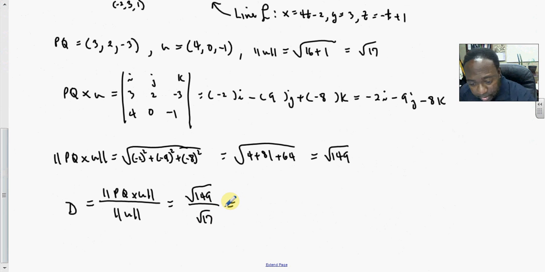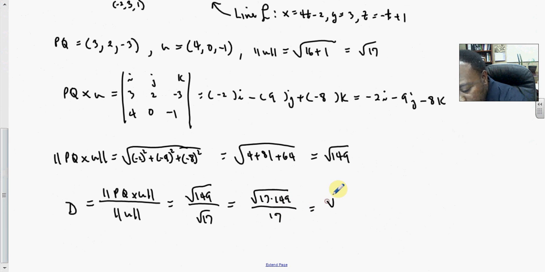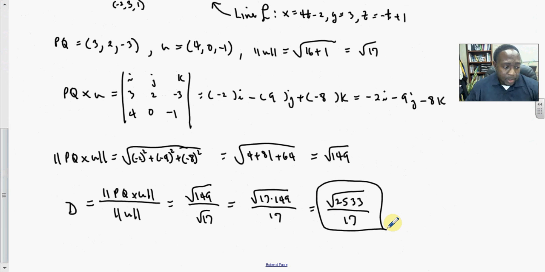And we rationalize, so we get the square root of 17 times 149 all over 17. That gives us the square root of 2,533 all over 17. I think I wrote it right, but I said something else.